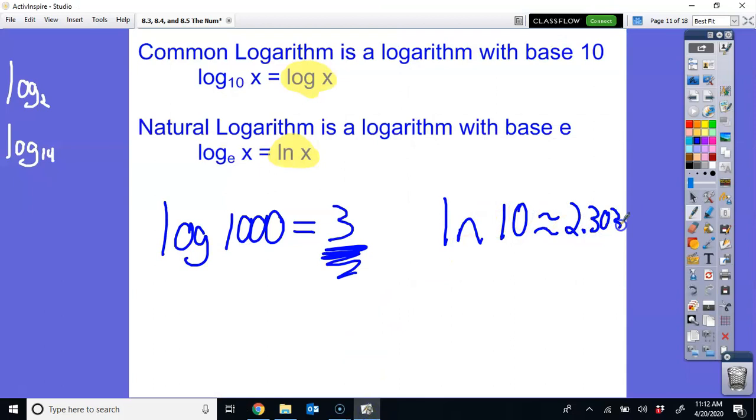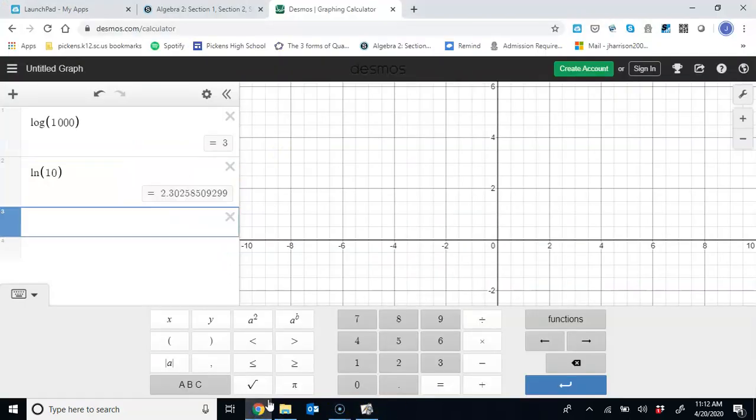I do typically go to 3 decimal places anytime I answer a logarithm. It's out of habit. It's out of what I was taught. But it's also because typically 3 decimal places gives you a little bit more accurate answer when you're talking about the exponent. Because remember, what this is saying is the base e raised to this power, 2.303, should be approximately 10. Now, let's see if that's true. So I take e.